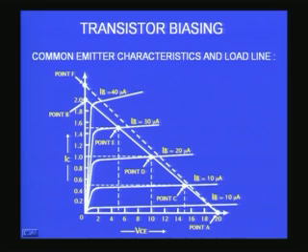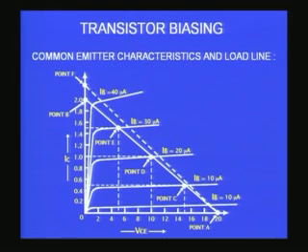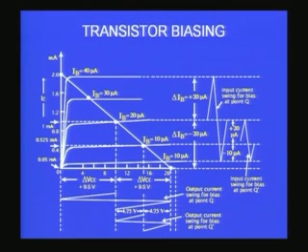So, that load line will change whenever I change the load, which is the RC, or when I change the VCC. When I change the VCC also, it will go somewhere along this line. So, it will be a new point, and when I change both, that also can lead to a new load line. That is what I want to show you. Okay. Now, let us move on to the next point.